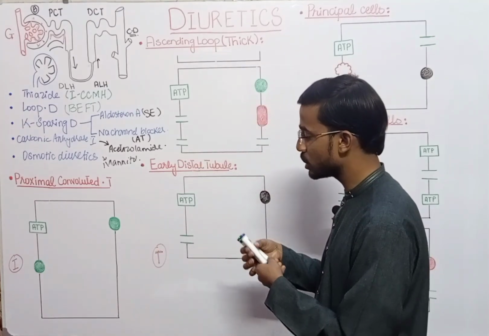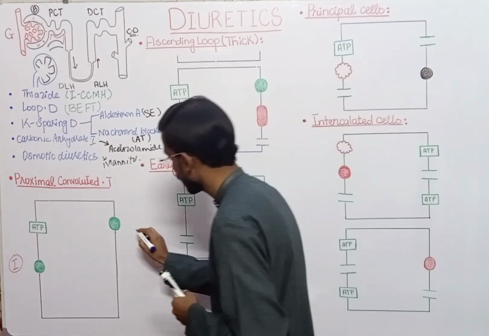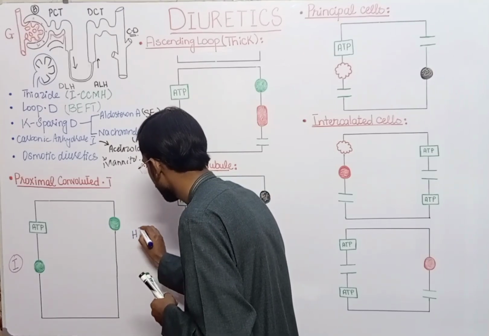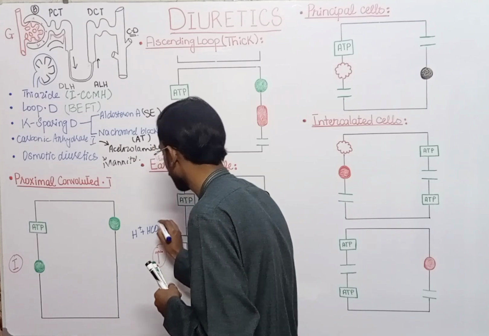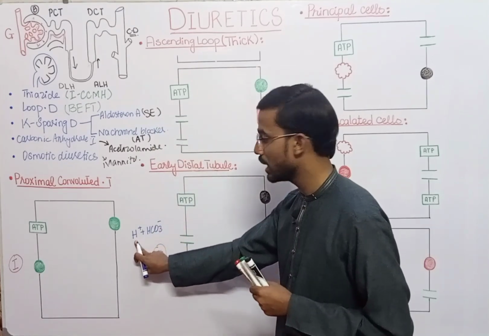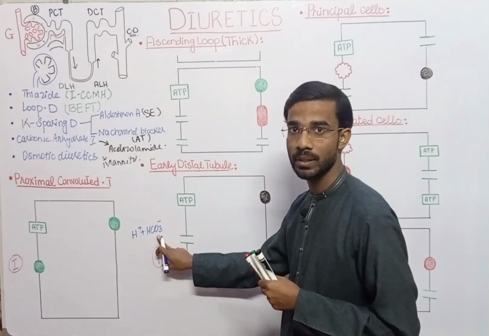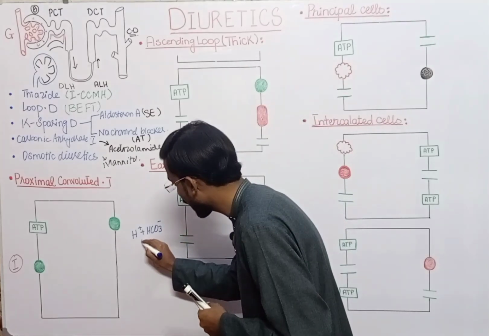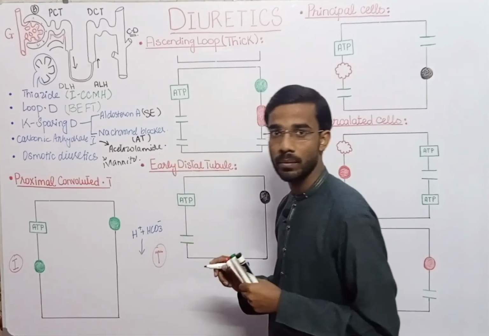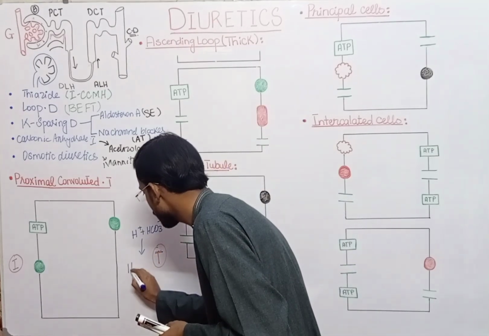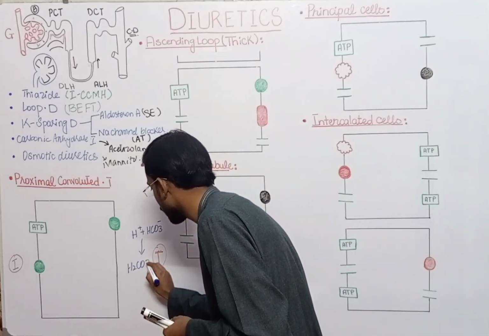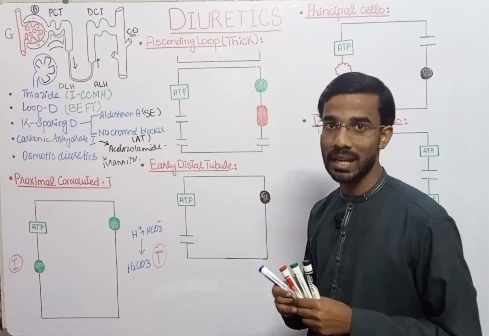You will see that this is the tubular region. Here, H positive and HCO3 negative, the hydrogen ion and the bicarbonate ion, combine spontaneously and form H2CO3, carbonic acid.